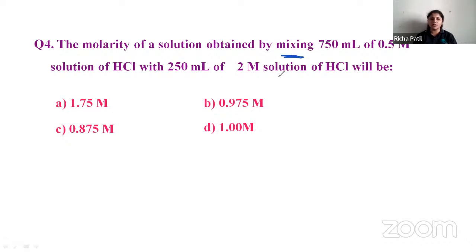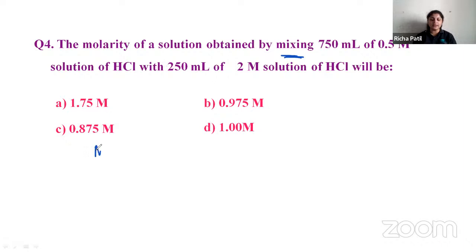There are two HCl solutions of different concentrations, and we have to find the molarity of the solution obtained after mixing the two.